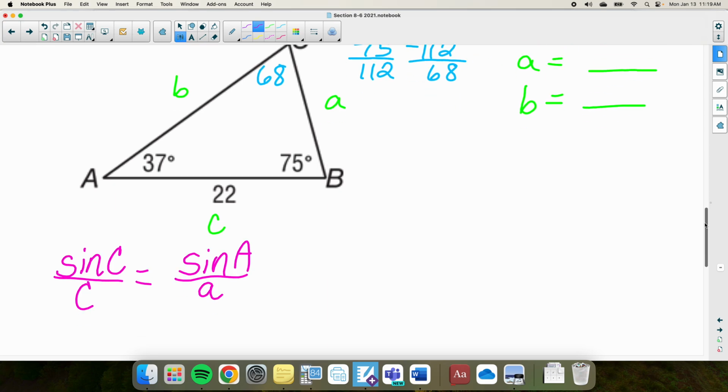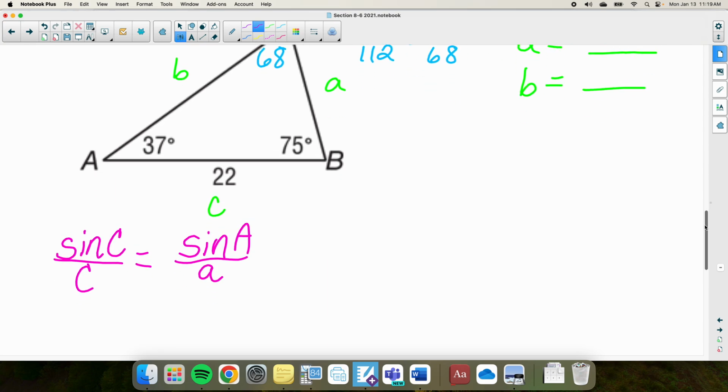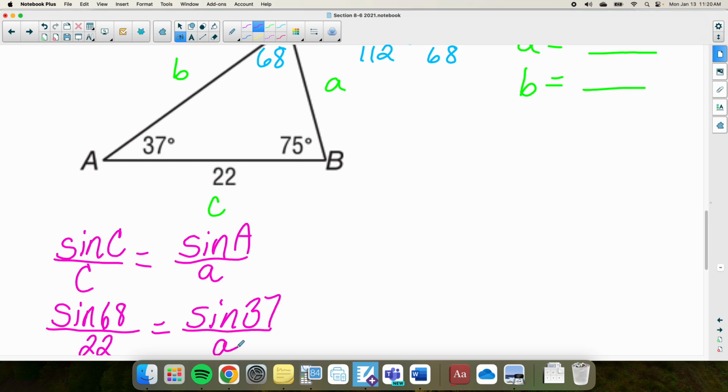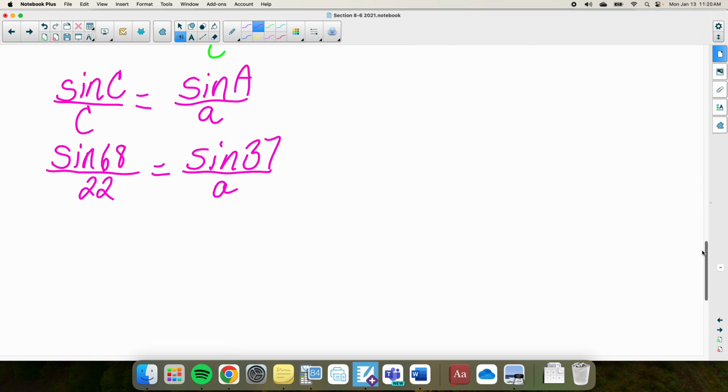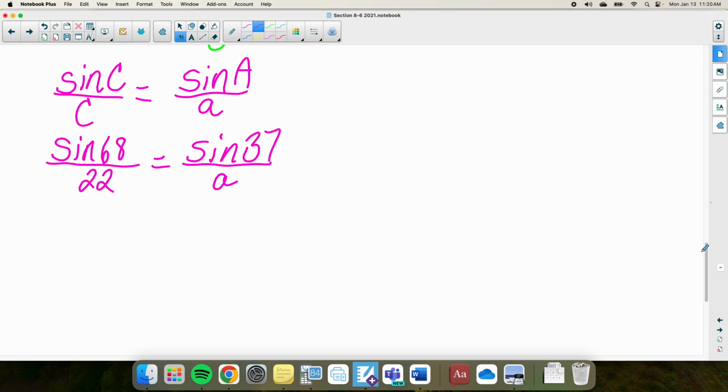Then I'm going to plug in what I know. Sine of C is sine of 68. Little c is 22. Sine of A is sine of 37. And little a we're looking for. And then I'm going to do cross products, okay?